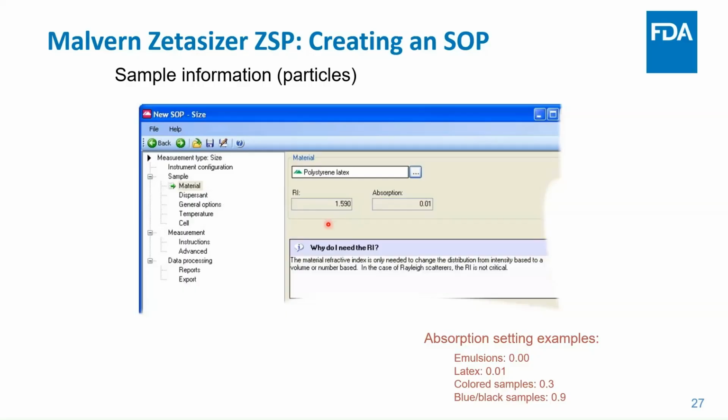If you want to then change that initial intensity distribution to something like a volume, surface, or number average, then you need to know things about your analyte, and we'll get into that in a little bit. But in the SOP, that's one of the first things it asks you.